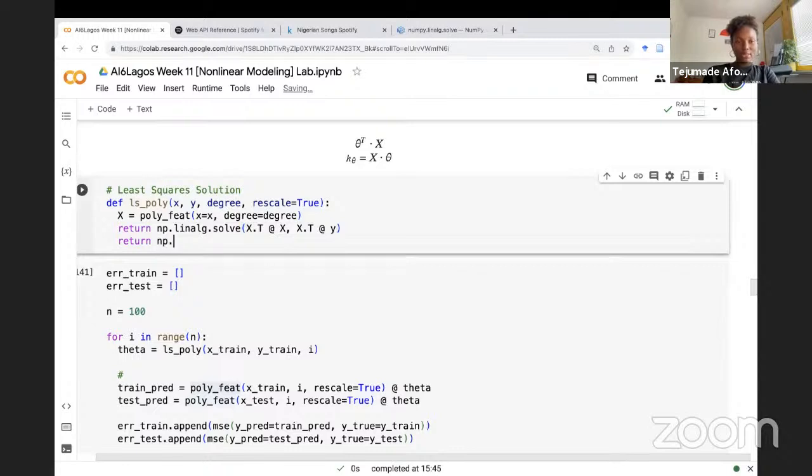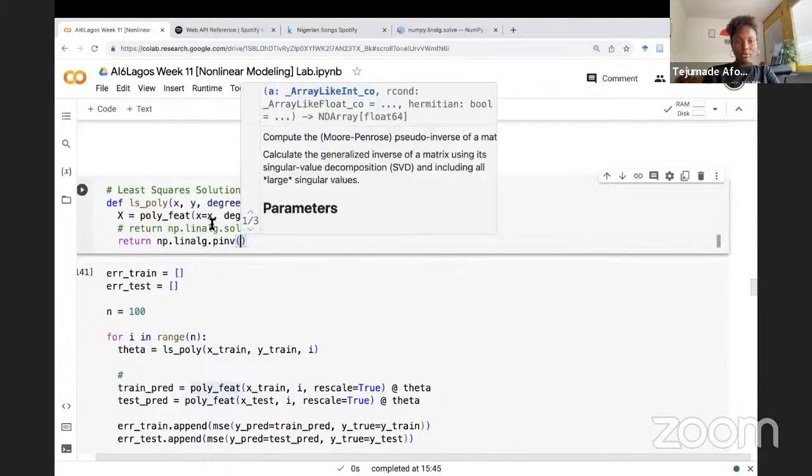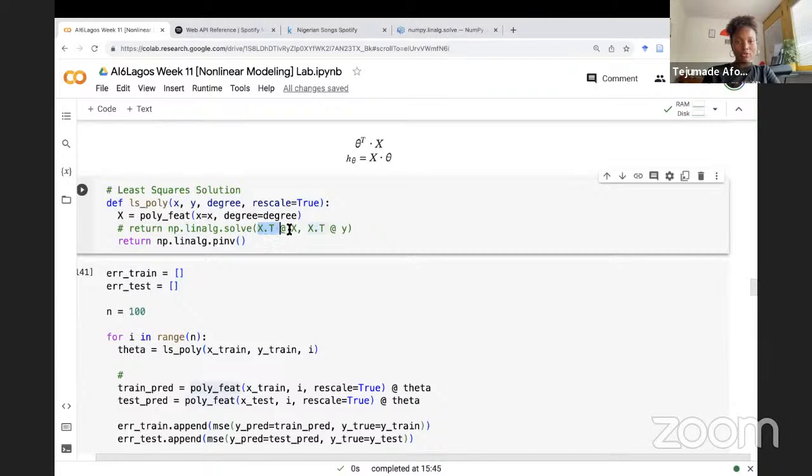What I tried yesterday is I used linear algebra, and I used pinv instead of using solve, even though solve is recommended, but I'm not sure. pinv is pseudo inverse.